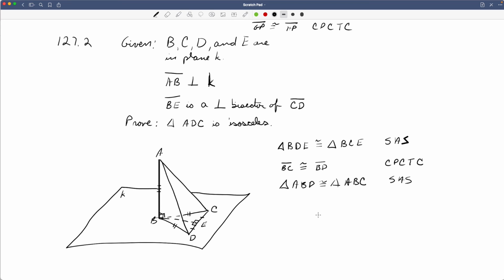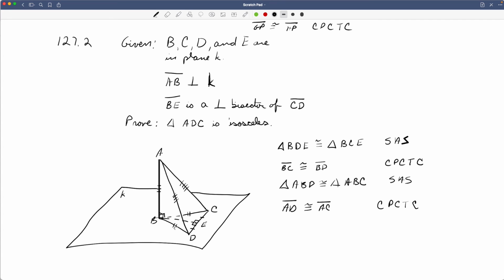So therefore, we can say that line segment AD is congruent to line segment AC. That means this one is congruent to this one. So it'll be 1, 2, 3, 4, 1, 2, 3, 4. Those are the same. And that's called congruent parts of congruent triangles are congruent.